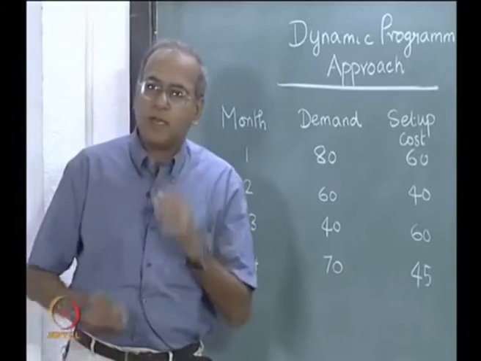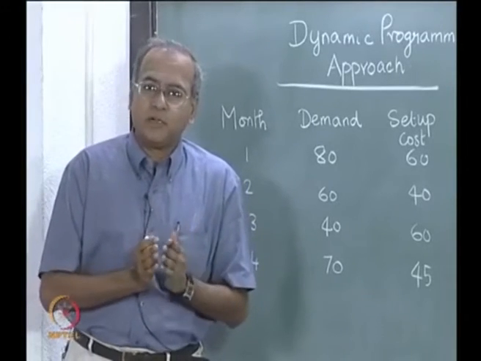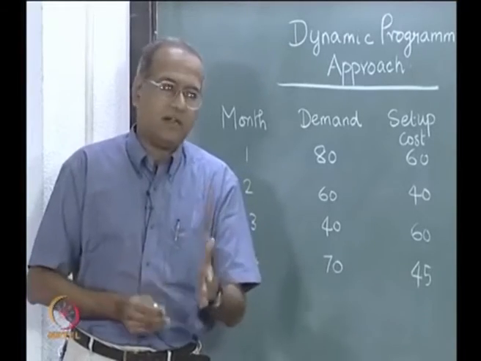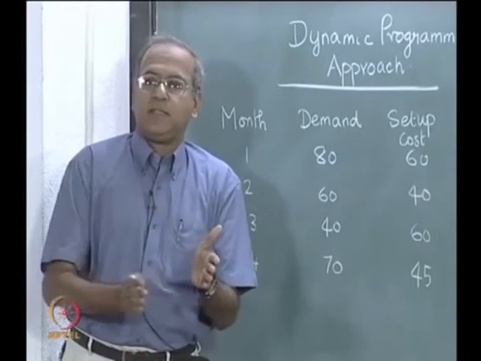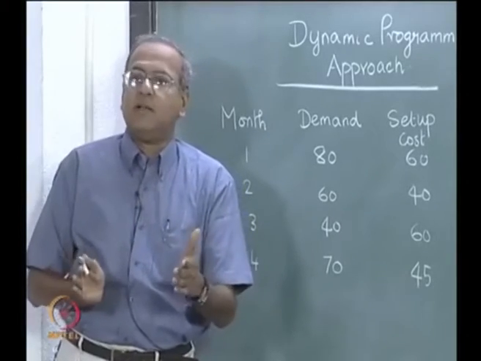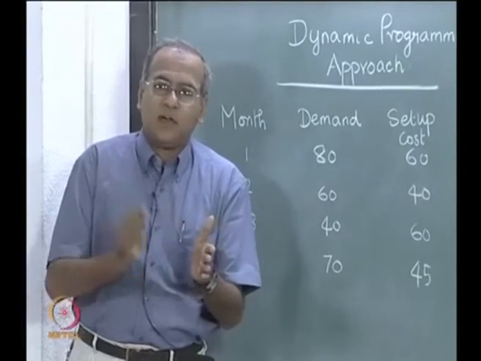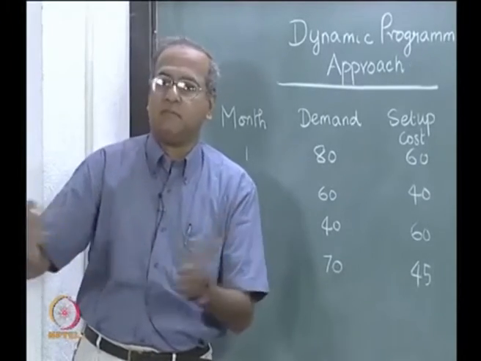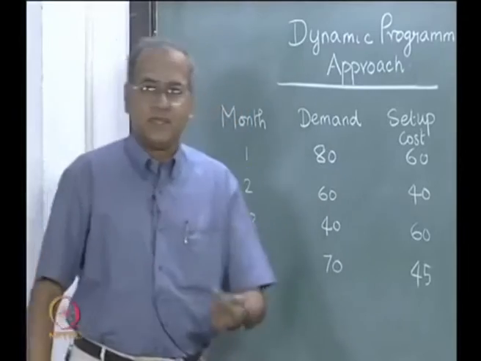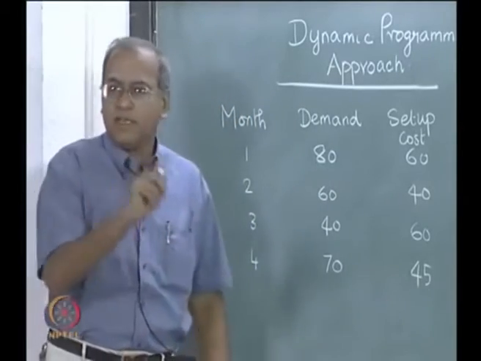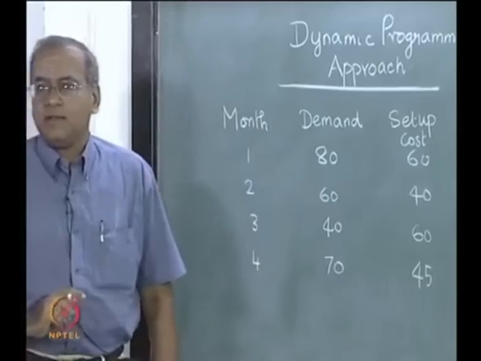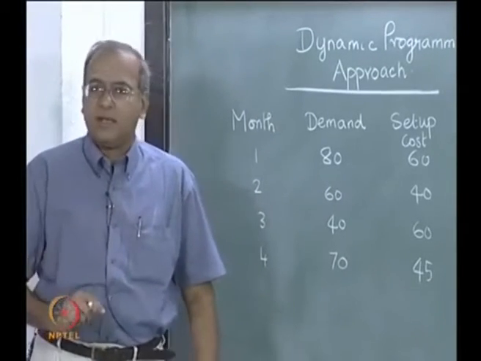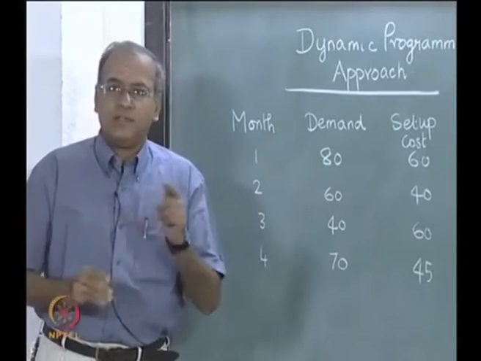And if there is production in a particular month, then that production quantity will be the demand of that month, or the demand of that month and the next month, or the demand of 3 consecutive months; the production quantity is always equal to the demands of a certain number of consecutive months. The second, if there is beginning inventory in a month, then that inventory should be sufficient to meet the demand of that month, and there will be no production in that month.